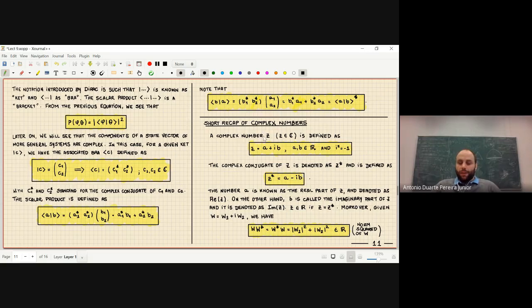A complex number Z, I say that Z belongs to the complex number set, is defined with this structure: Z is written as A plus iB, where A and B belong to the real numbers set, and i is a new quantity that has this property: i squared is -1.